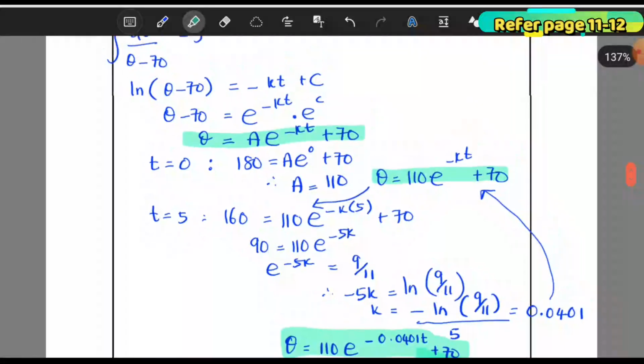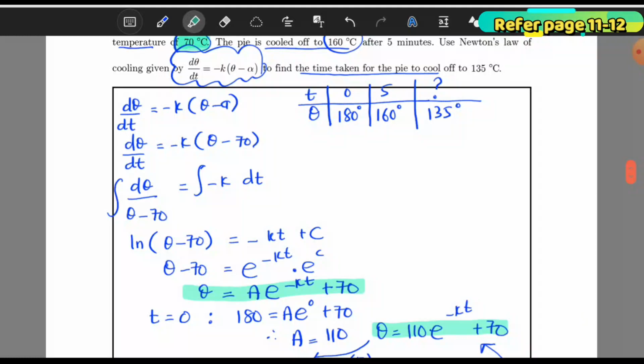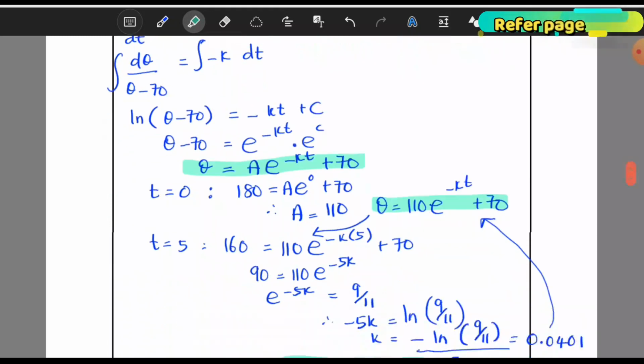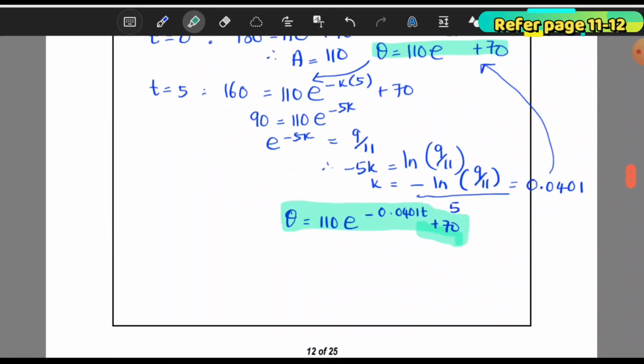So back to the question. We want to find t, the time when the temperature is 135. So we use the equation and substitute. This is the question, so 135 degrees.